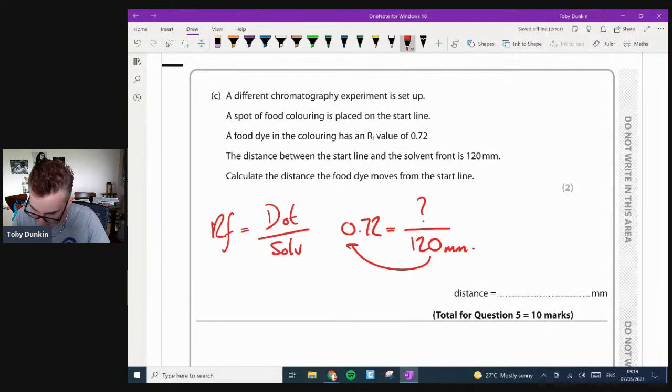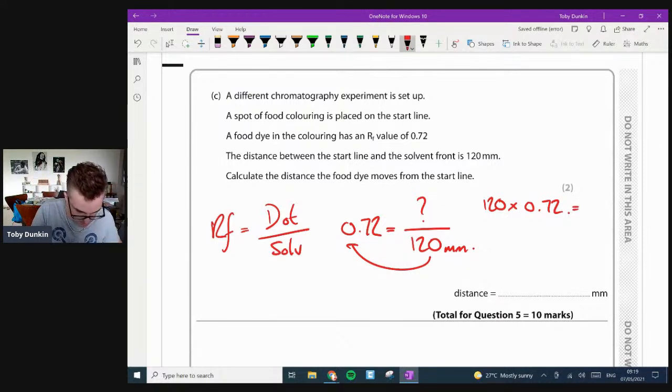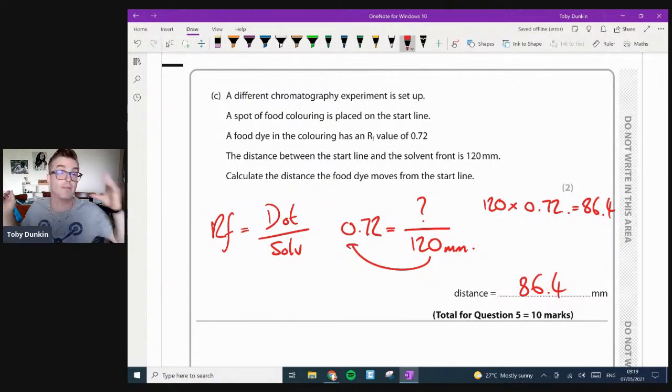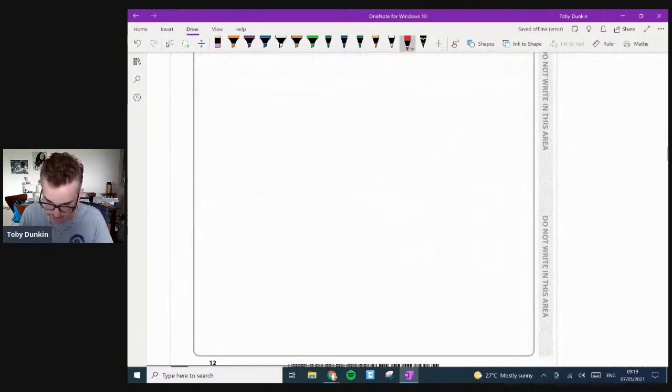Rearrange the equation: the traveled distance is 120 multiplied by 0.72, and I get 86.4 millimeters. It doesn't ask me to give it to any particular significant figure. In chemistry, you always give 3 sig figs unless stated otherwise.